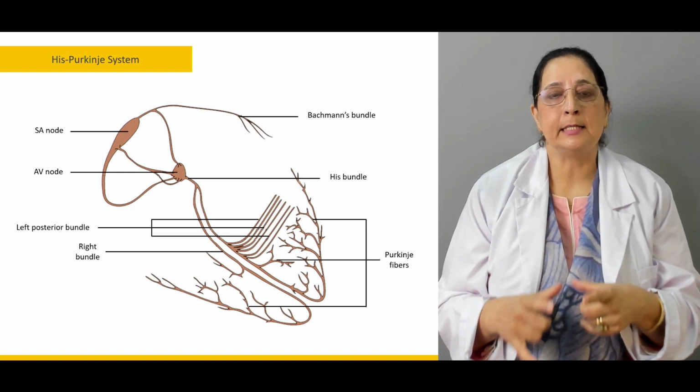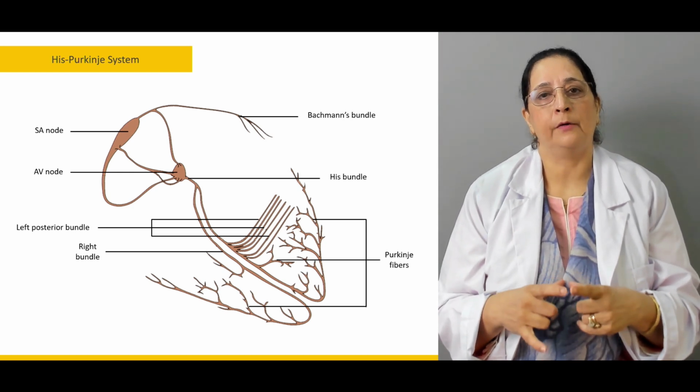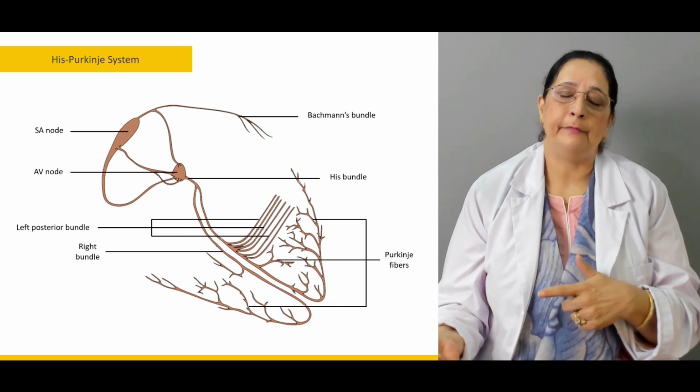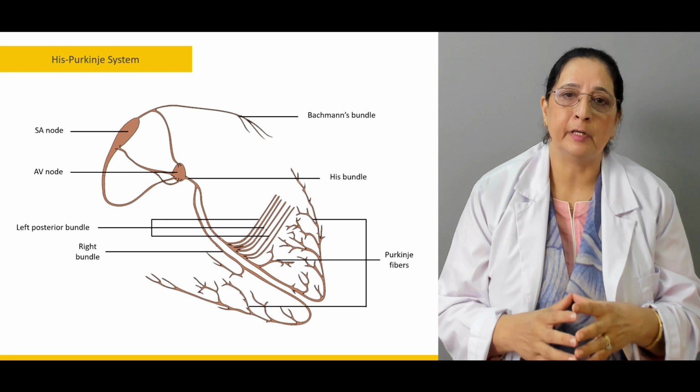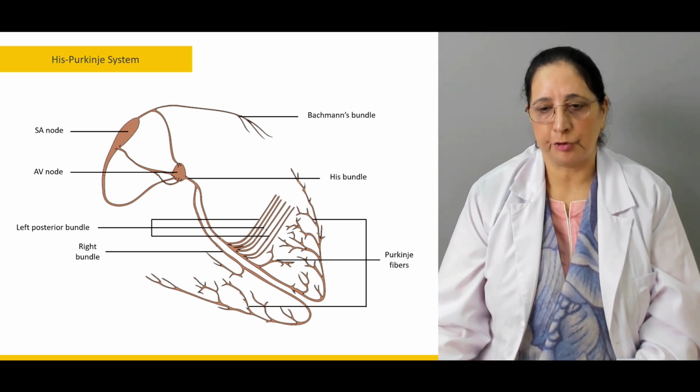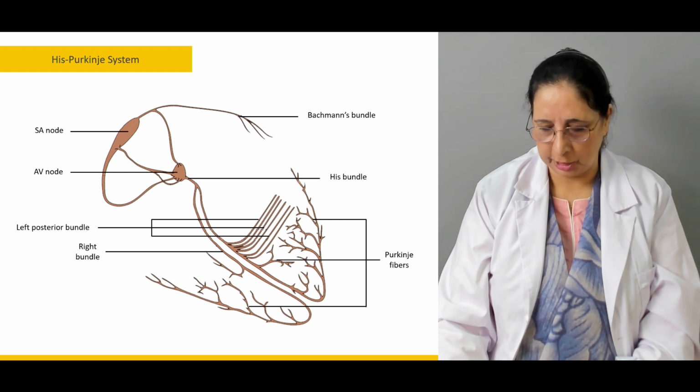Any disruption in the conduction of the impulse at any site will be reflected as dysrhythmias, and we can observe those changes on the EKG strip also. So, the His-Purkinje system.